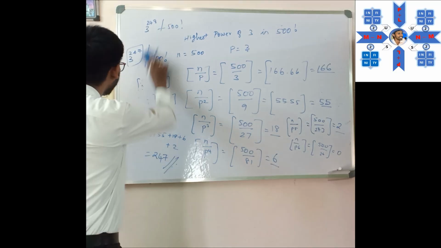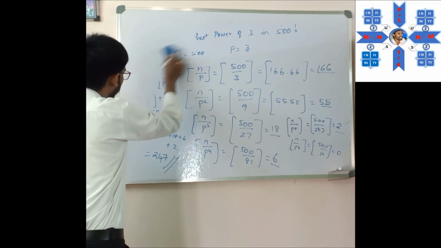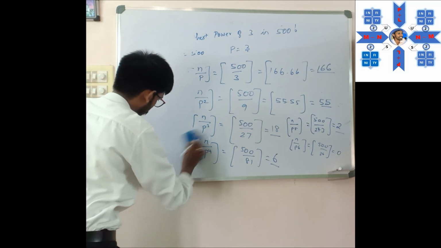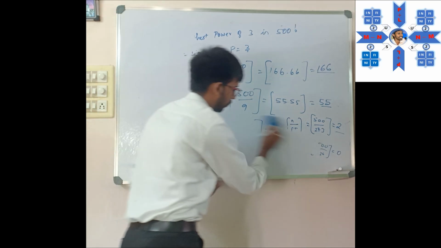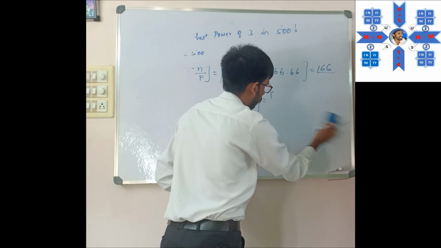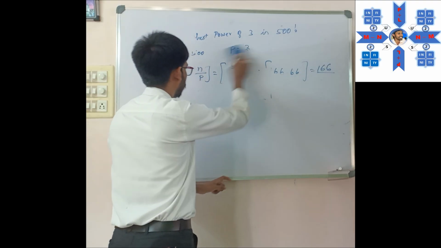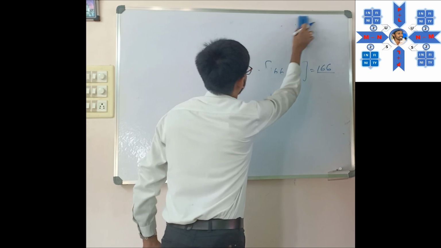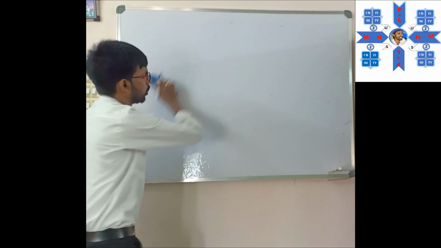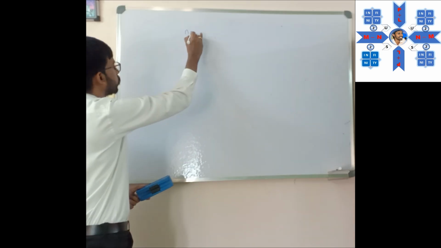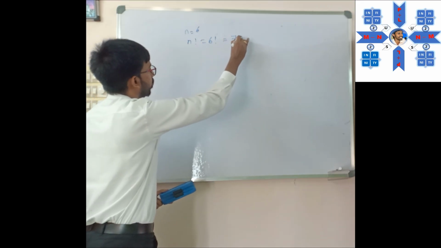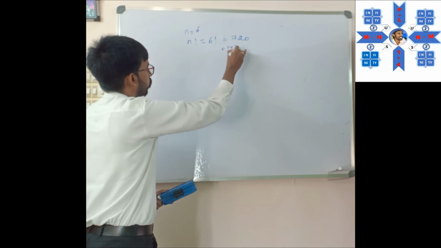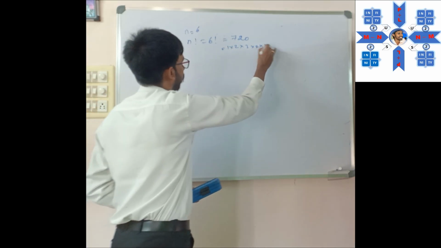So let me give a very basic example to understand this logic. Let me go back to the earlier example where n equal to 6. So n factorial equal to 6 factorial equal to 720, that is 1 into 2 into 3 into 4 into 5 into 6.